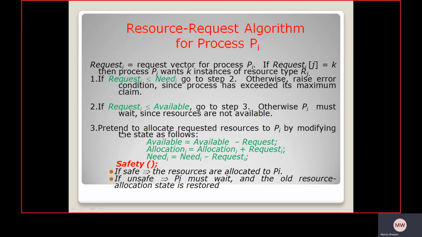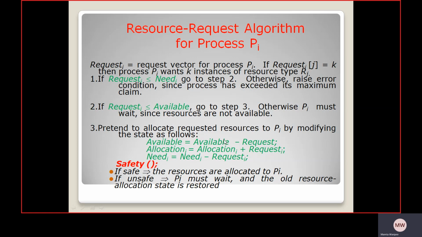Third, pretend to allocate the requested resources to Pi by modifying the state as follows. Available equals available minus request, allocation equals allocation plus request, and need equals need minus request.